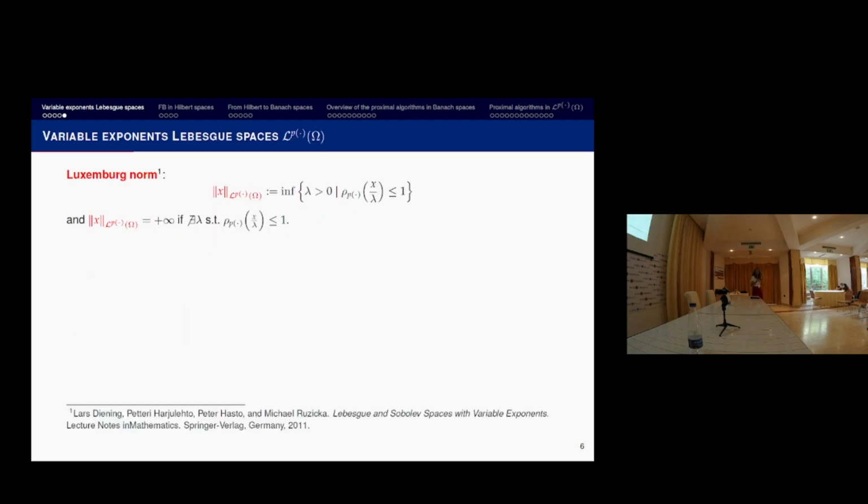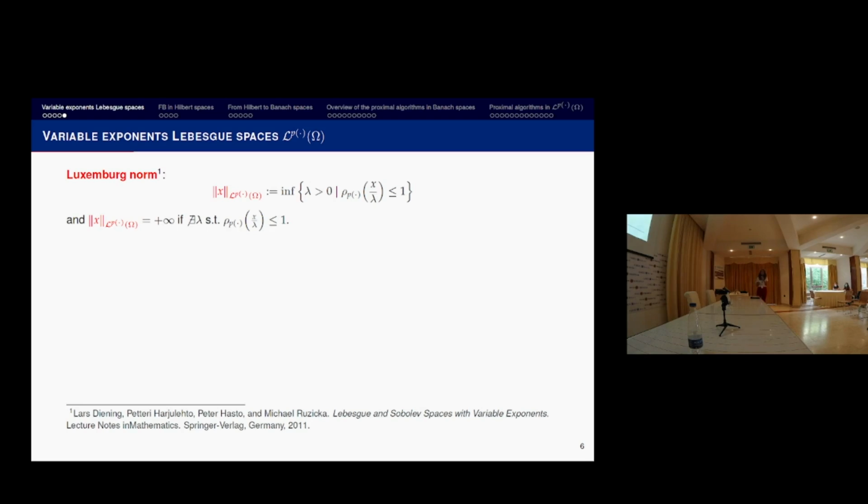And I've shown you this because this is exactly the definition of norm in a variable exponent Lebesgue space. So the norm is called Luxembourg norm, and it is defined as the infimum of the scalars lambda such that the modular of x over lambda is less than or equal to 1.